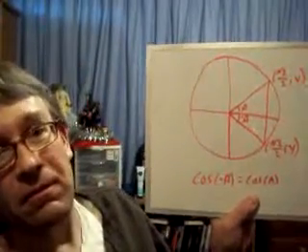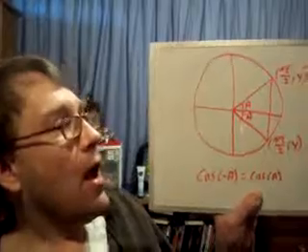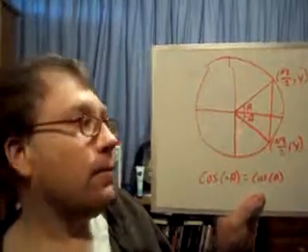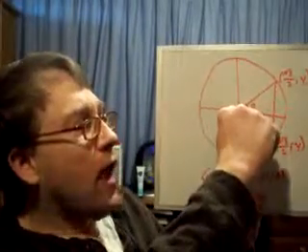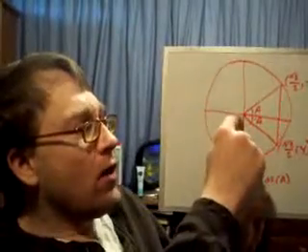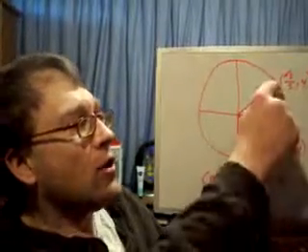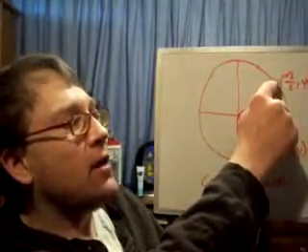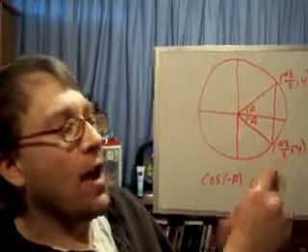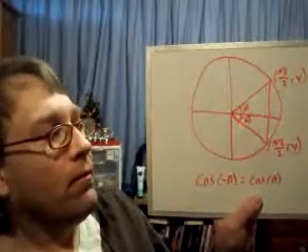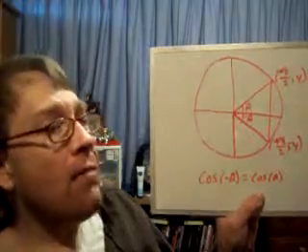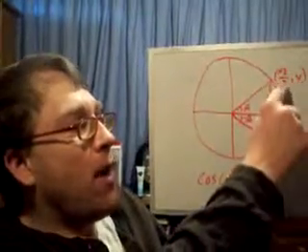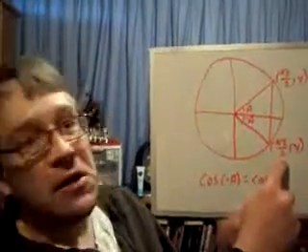That's it. Now then, if we draw this line from here to here, and this line from here to here, the x-coordinate of this line is going to be exactly the same as the x-coordinate of this line right down here. So that means the x-coordinate is going to be positive up here and positive down here.